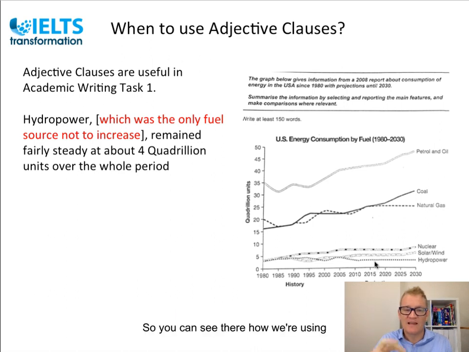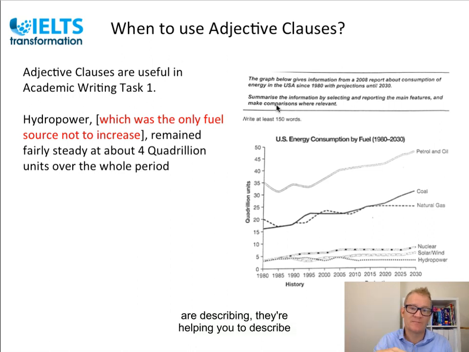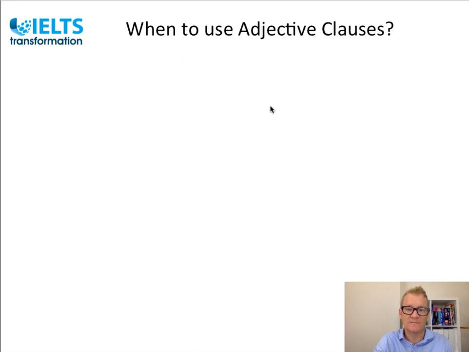So you can see there how we're using a relative clause to give more information, to help you to summarize the information, not describe it. Even though, of course, adjective clauses are describing, they're helping you to describe the situation better, to summarize it better, okay? We make comparisons, there you go.